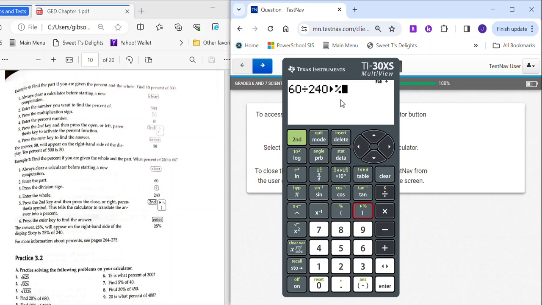Now, this percent key, if you notice, it has this arrow to percent. This is letting you know that we're going to take this fraction and say what the percent of this is. So we press enter, and then that's 25%. So 60 is 25% of 240.